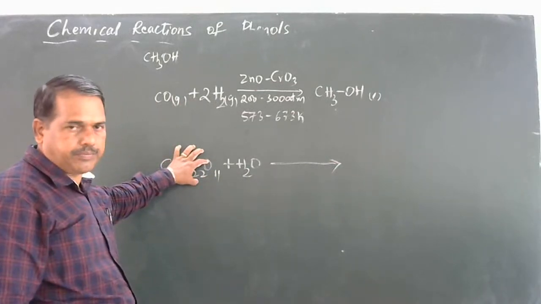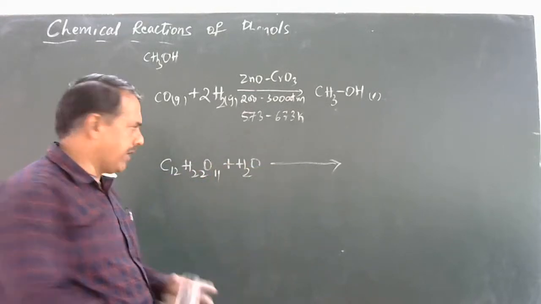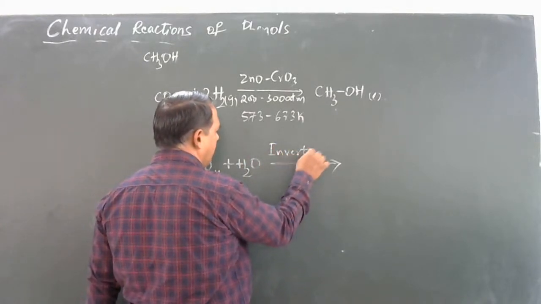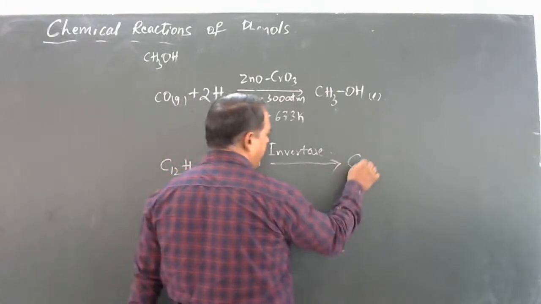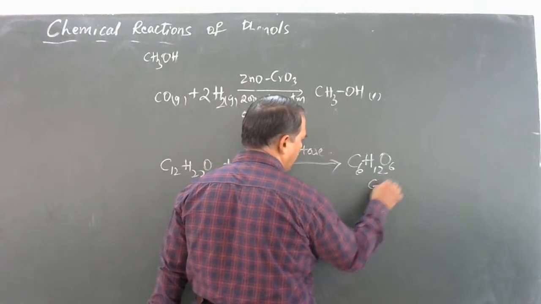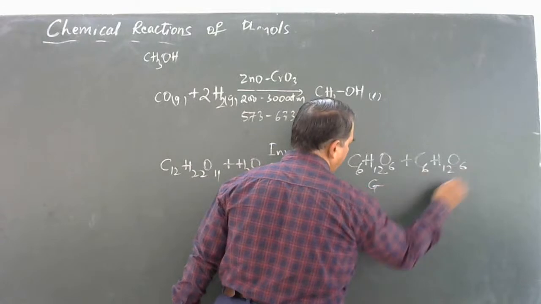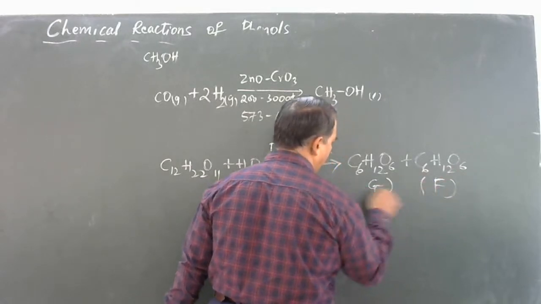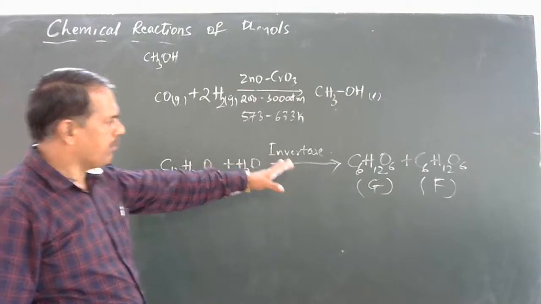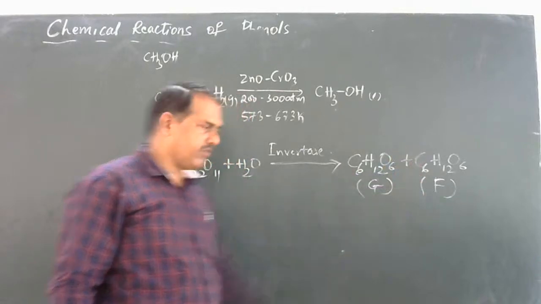Sucrose on fermentation by the enzyme invertase gives C6H12O6 glucose and also C6H12O6 fructose. We get two important compounds: one is glucose and another one is fructose.